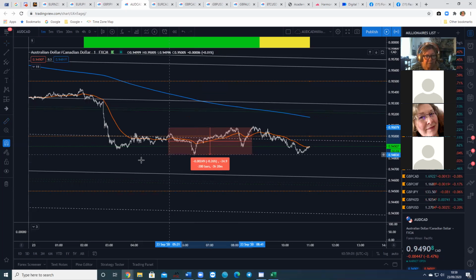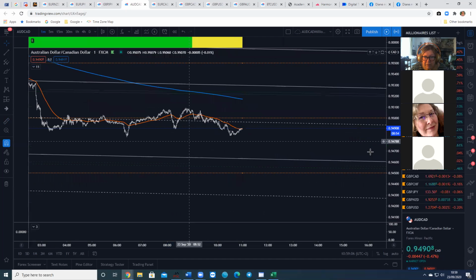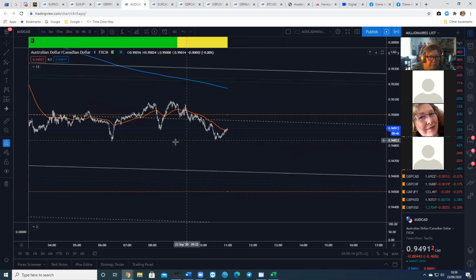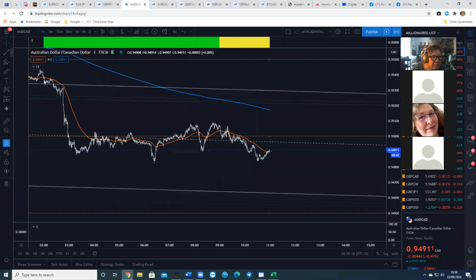25 pips. So that's now, okay, so this is selling. So a very nice area there. In fact, this would be the point to get in on this trend line.